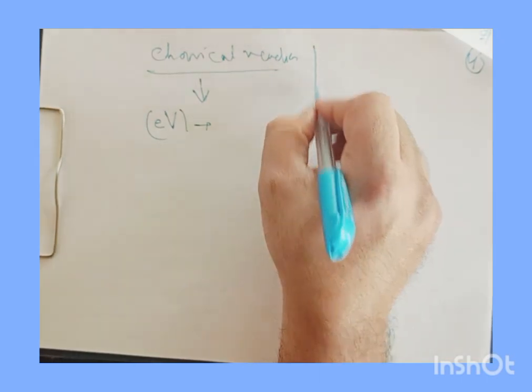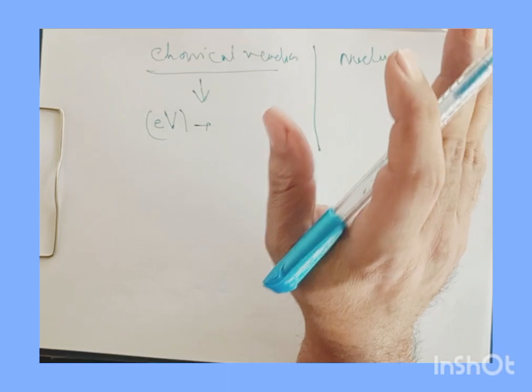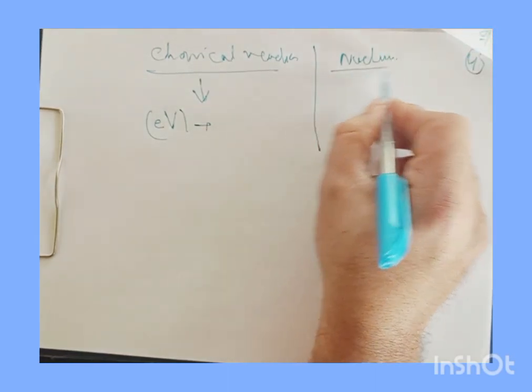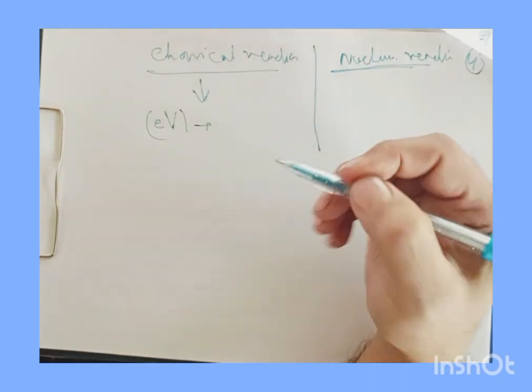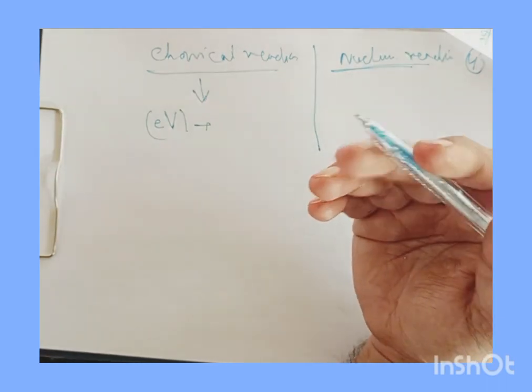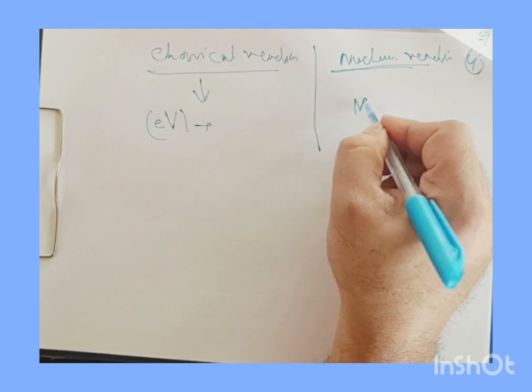In the case of nuclear reactions, the energy absorbed or released is large. And that energy, whether it is absorbed in a nuclear reaction or evolved, is in mega electron volts.